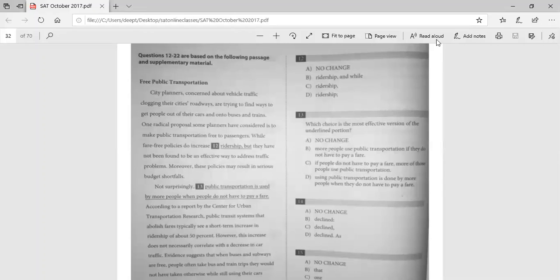Another way of looking at this is, SAT says it's a trick. It may not be applied for all the questions, but it's a trick that any active answer is always preferred over a passive answer. Active and passive voice means, like, if I say I eat ice cream versus ice cream is eaten by me. So ice cream is eaten by me becomes passive and I eat ice cream is active. So I eat ice cream is preferred over ice cream is eaten by me, although both are grammatically correct.